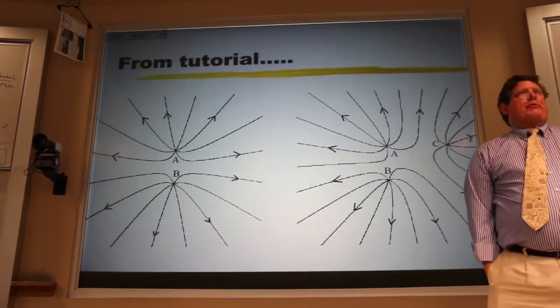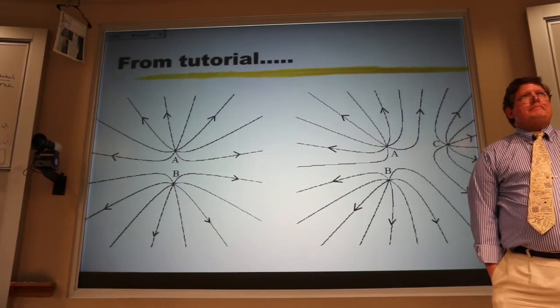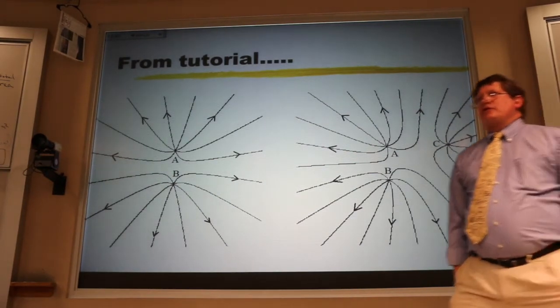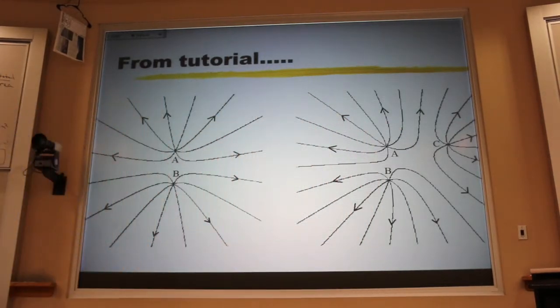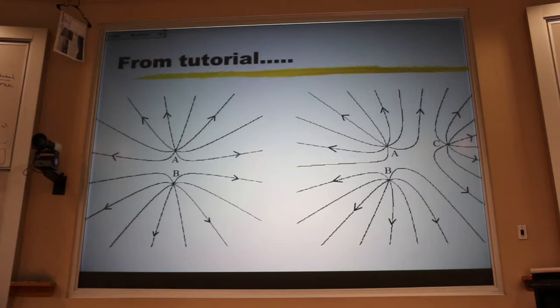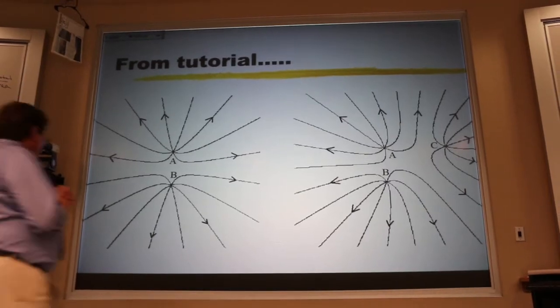I just want to talk briefly about this third page of the tutorial. I understand that some of you were given some incorrect information during the tutorial. I apologize. I try to train my teaching staff. Not all of my teaching staff can get to my meetings, and so sometimes we have problems.